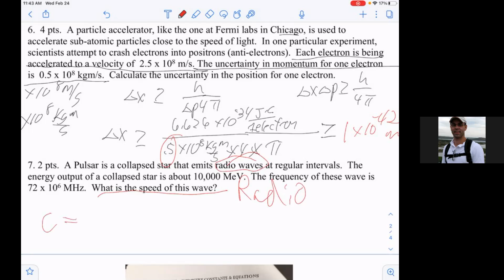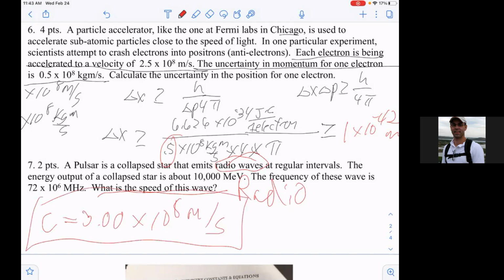What is the speed of all types of light? So the answer is 3 times 10 to the 8th. I just want to make sure you understand that the speed of light is 3 times 10 to the 8th for all types of light. So all that other information was not important. Okay.